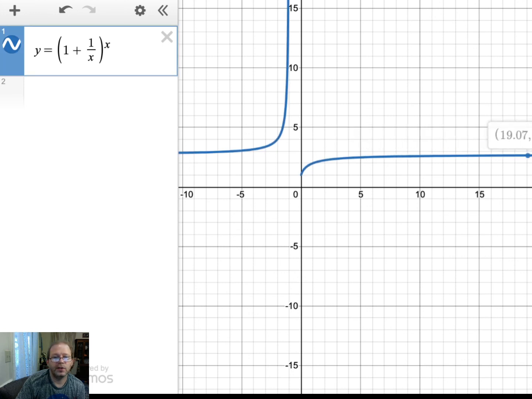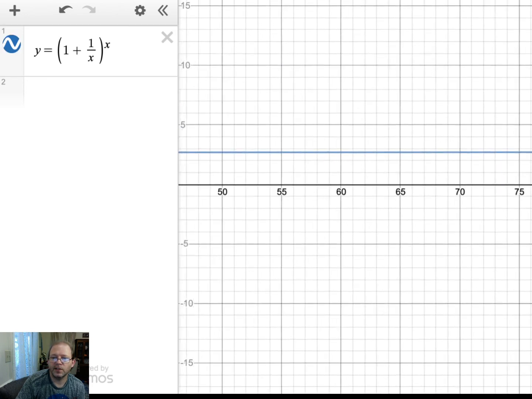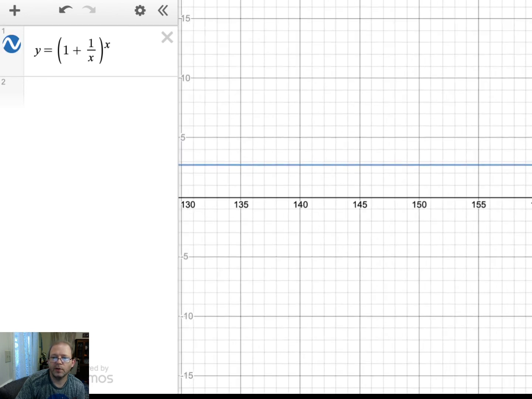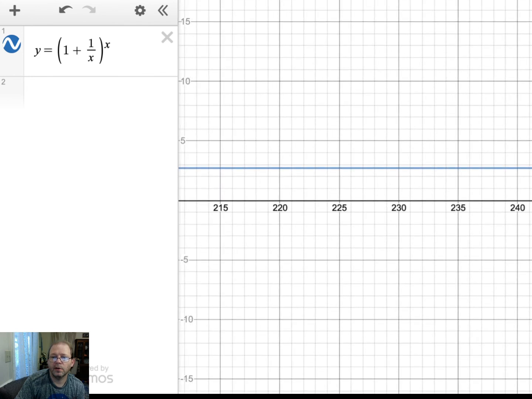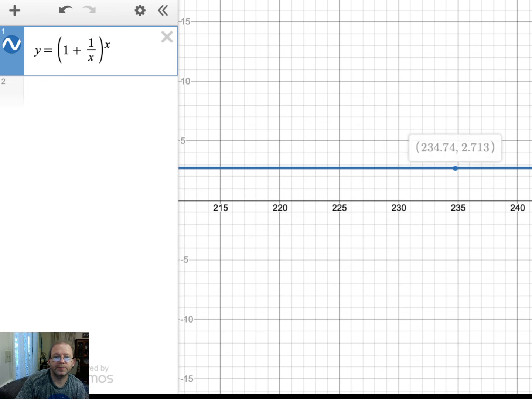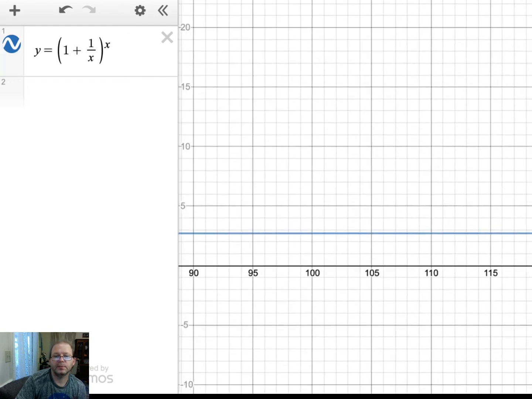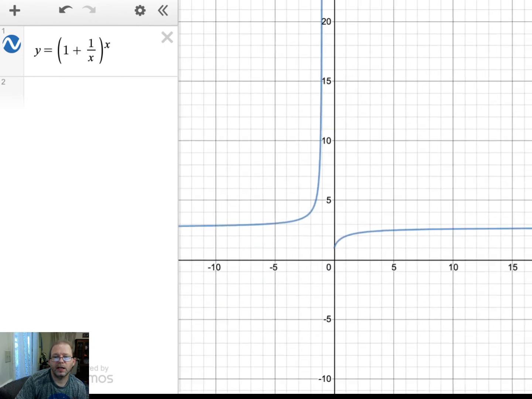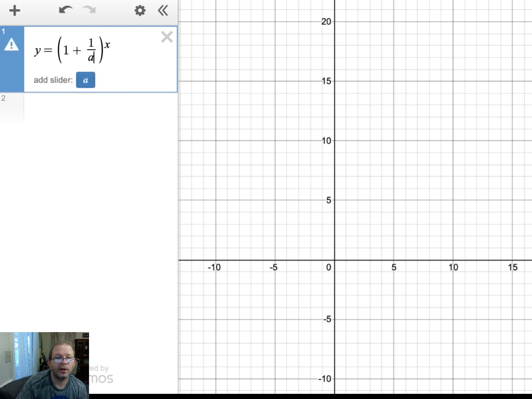So notice here it's 2.6 something. If I take this and I slide way over, it's getting close to there, 2.71, etc. I could also do this: instead of putting in x there, I could put in a, and put a in here as well.